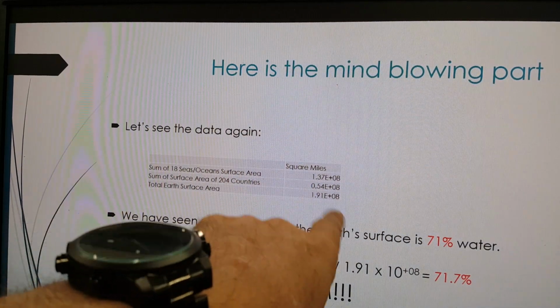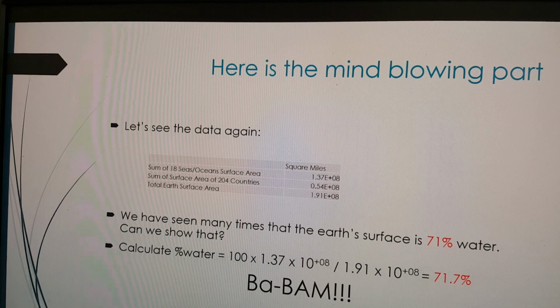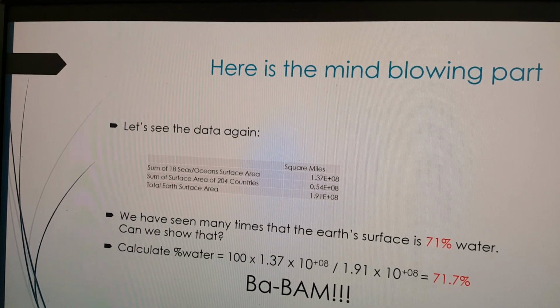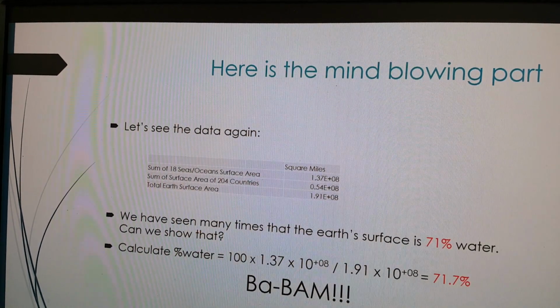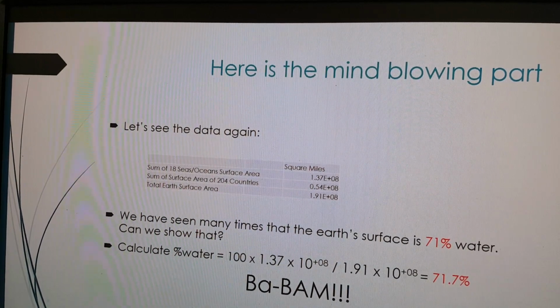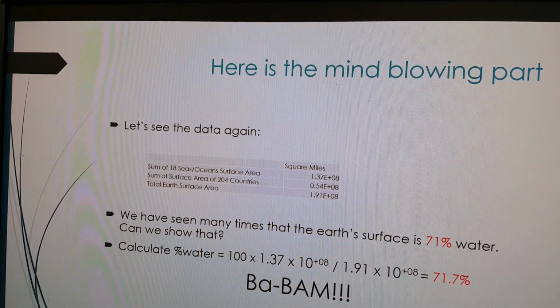The total surface area, 1.91. I divided those two numbers and I got 71.7% water. So you can see it's just clear as it can be that these numbers are correct for the sphere. And all I can say is, ba-bam.